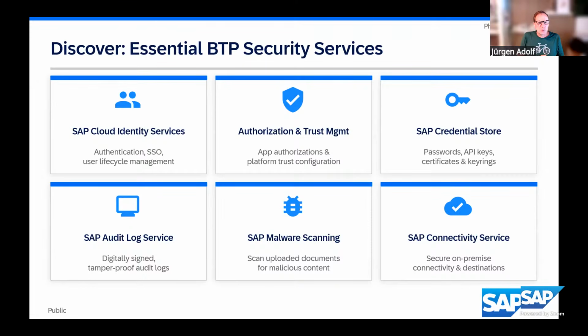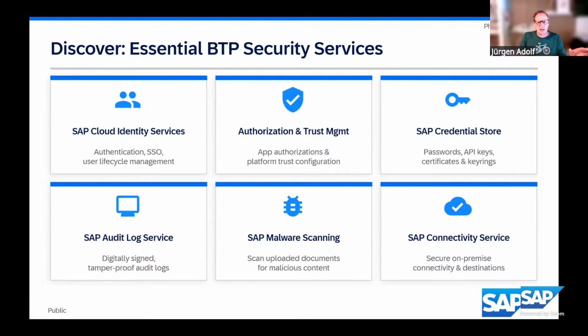So we have the SAP Cloud Identity Service, which covers authentication, single sign-on, and user lifecycle management. And this is the identity backbone for all SAP BTP applications, all applications you build on BTP. But not only that, Cloud Identity Service is also the backbone for the whole SAP landscape, where you can also use SuccessFactors, Ariba.